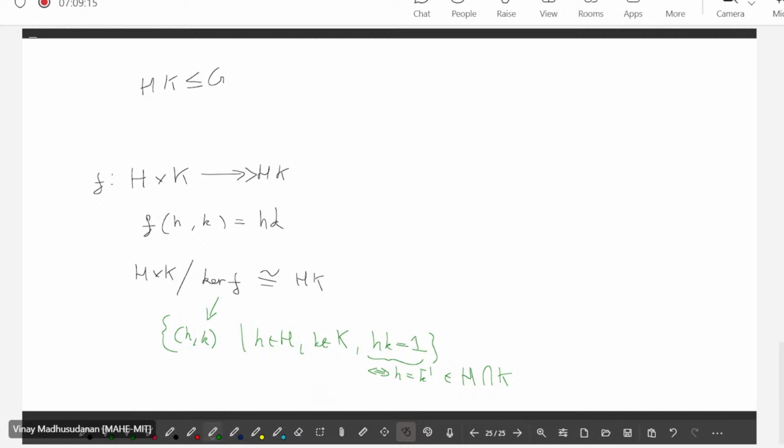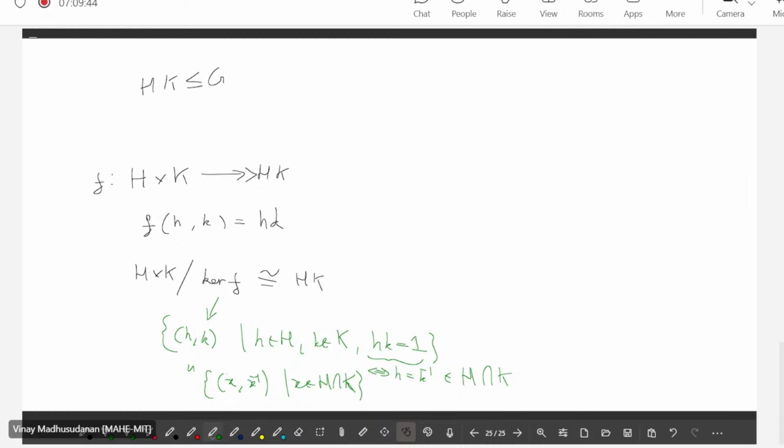(h, h inverse). So this is therefore equivalent to, I'll write instead of (h, h inverse), (x, x inverse), where x belongs to H intersection K. Because this is the same number of elements as H intersection K. The second component is not free.